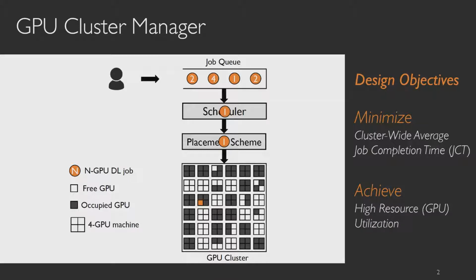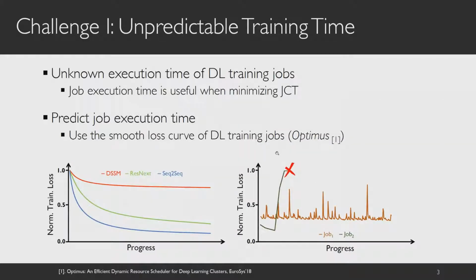JCT does not guarantee such fairness, and there are other algorithms and papers that make that an objective and try to optimize it. Also, GPU resource utilization is another main goal. We don't want any single GPU to be idle for too long. That would be a waste of resources and money.